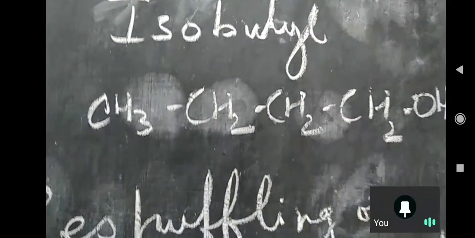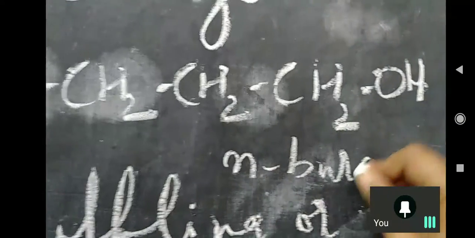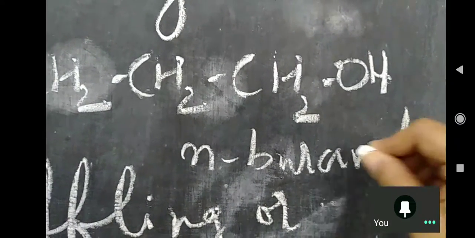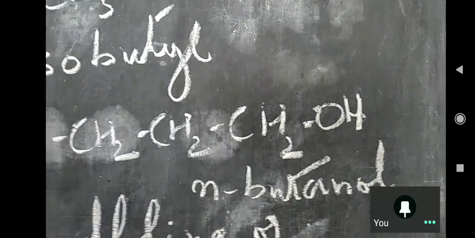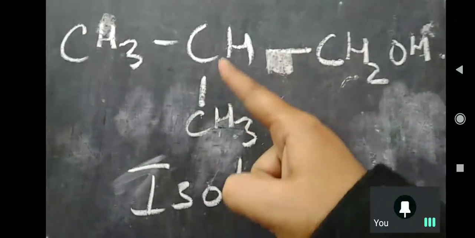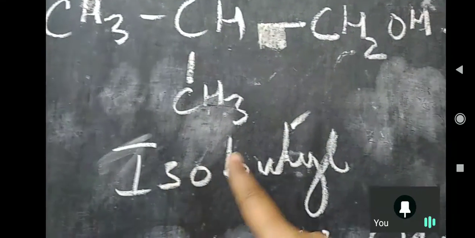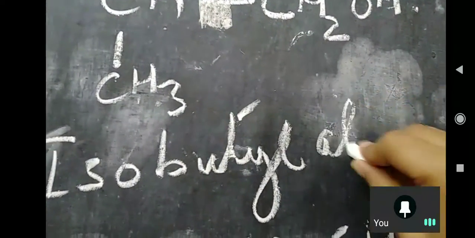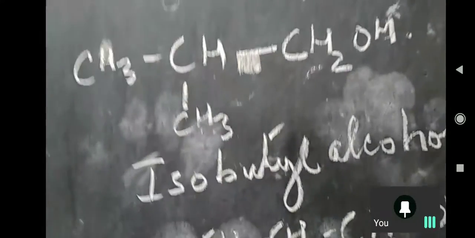What will this be? Butanol. Okay? Now come here. It has changed into branched isomer. This is isobutyl alcohol. 3 degree carbon is there. This is isobutyl alcohol.